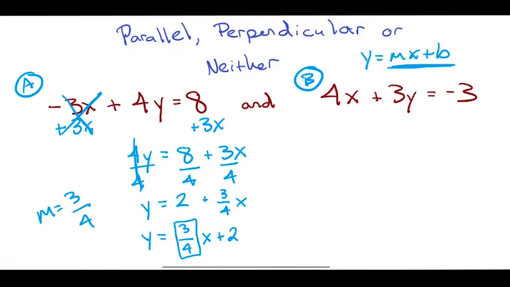Now, over here on equation B, I will subtract 4x on both sides. And now I have 3y equals -3 minus 4x.